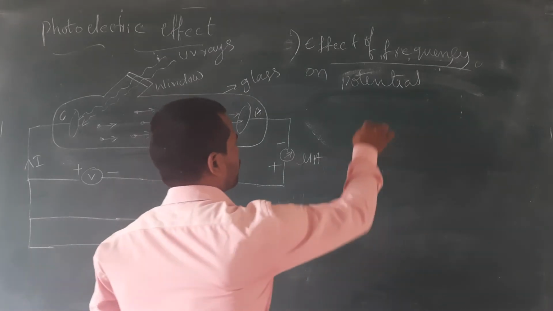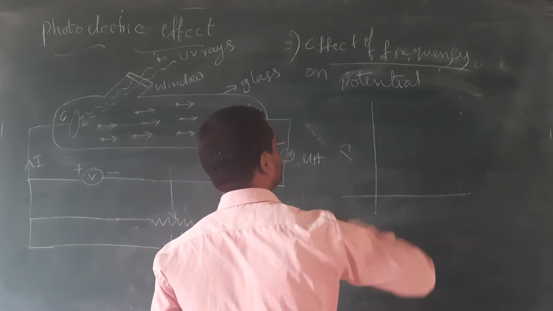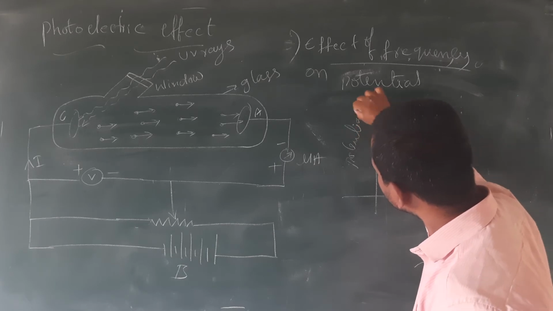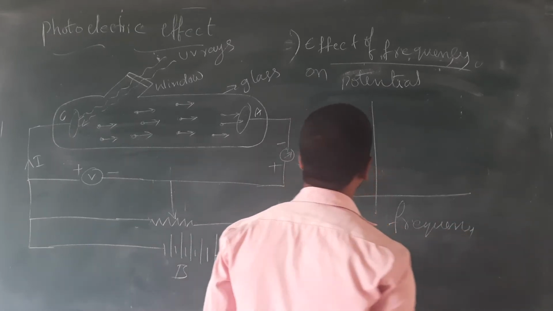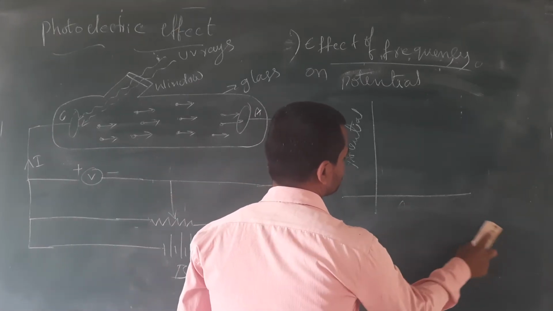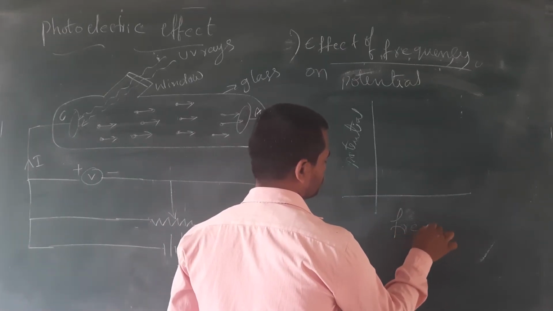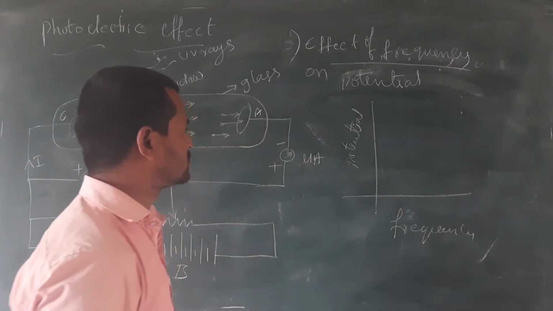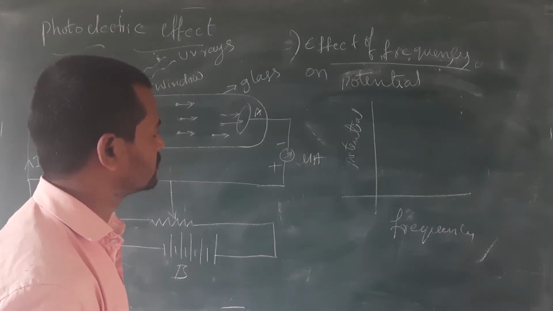Now see here, let me draw the graph quickly, with potential and frequency. Suppose potential versus current we have seen. As the potential increases, the current also increases.